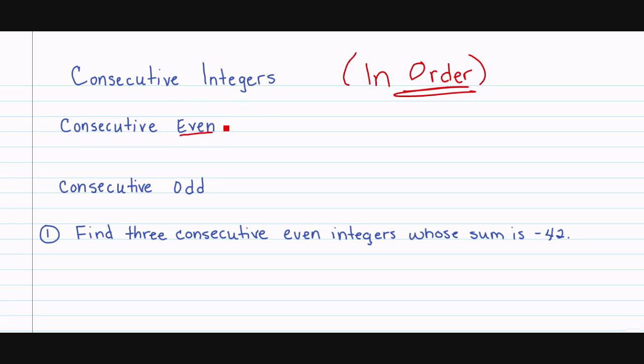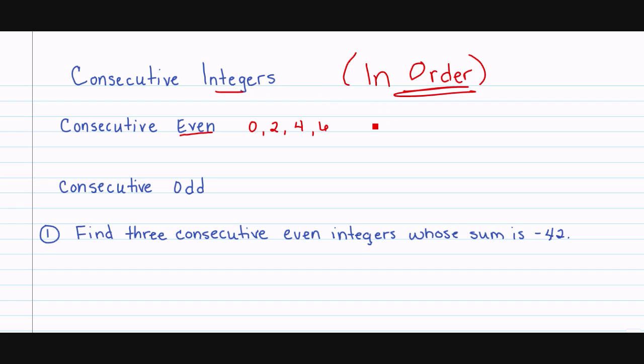Consecutive even integers are 0, 2, 4, 6. Get my point? They're even numbers.